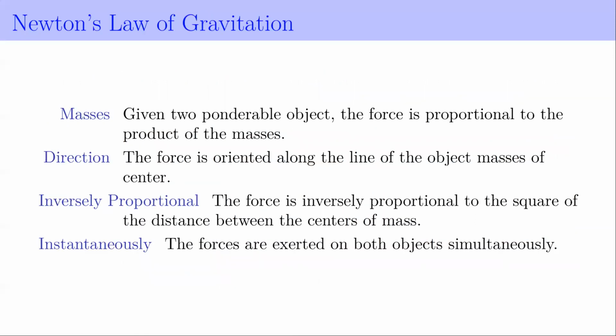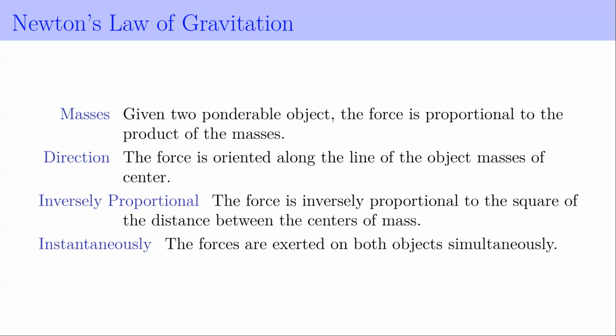So mass is a measure of resistance to acceleration. Given two ponderable objects, as they were called, the force is proportional to the product of the masses for gravitational forces.